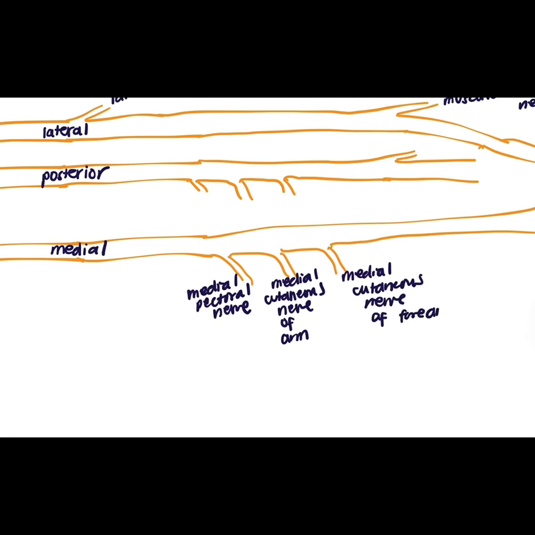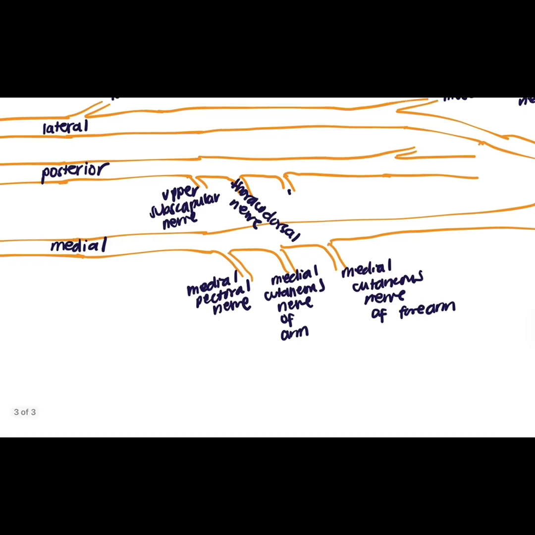And in the posterior cord, there will be also branches. So we have the upper subscapular nerve. By the name itself, it supplies the scapular muscle area in the subscapular area. And then we have the thoracodorsal nerve, which is a very important nerve because it supplies a very big muscle. And then we have the lower subscapular nerve.